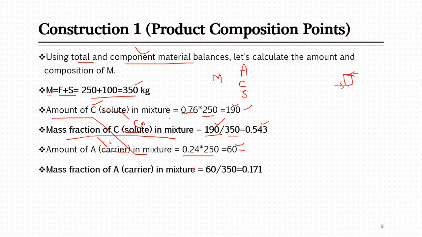Just for example, consider, as I was telling you, that if your solvent also contains some part of A, suppose 1%, then you will just add it up here. You will take 0.01 multiplied by its total amount, which is 100. Here the total amount was 250, so for that it will be 0.01 multiplied by 100, and you will also add up that one.